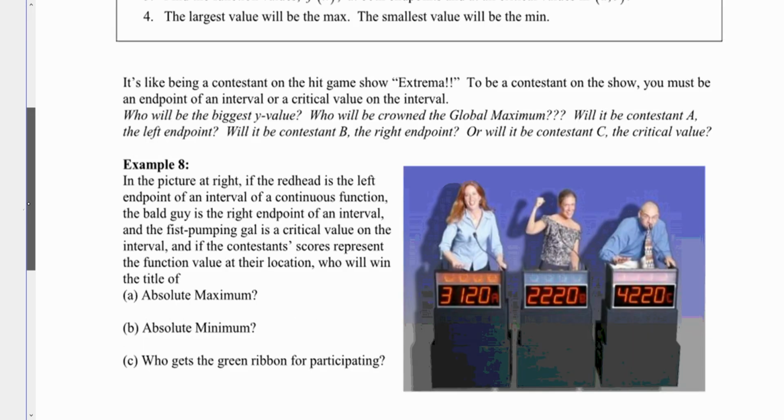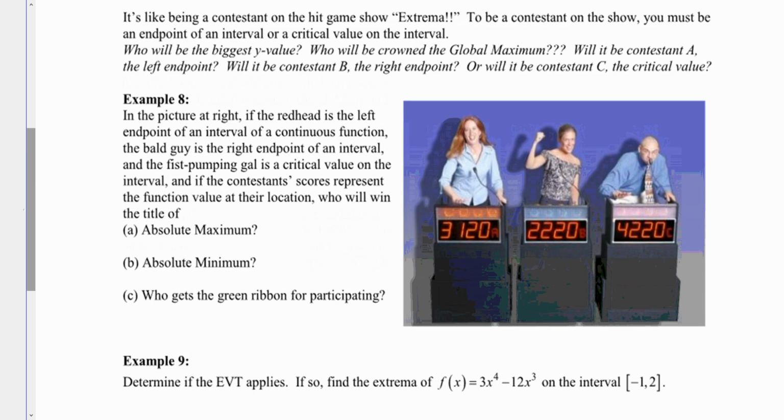Think about it like a contestant. You're a contestant on this really fun game, Extrema. If this redheaded person is the endpoint, her y value is 3,120. Here's a critical value in the middle, here's our left endpoint, here's our right endpoint.